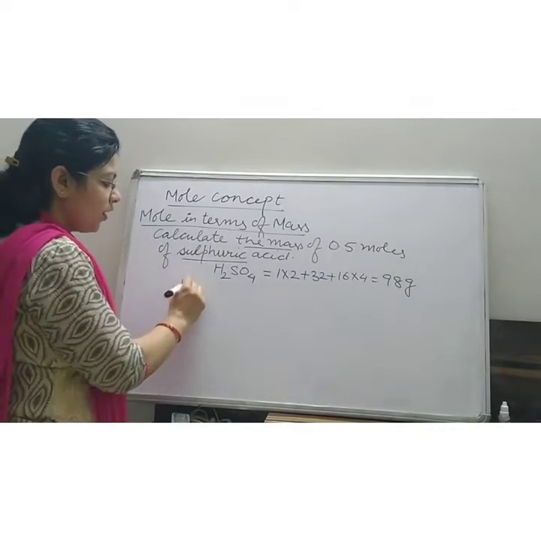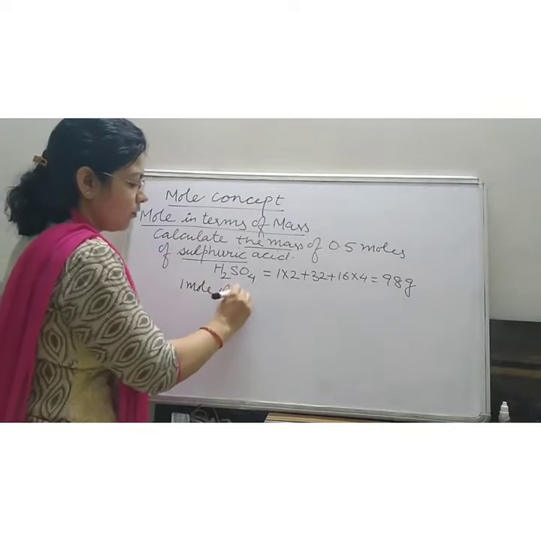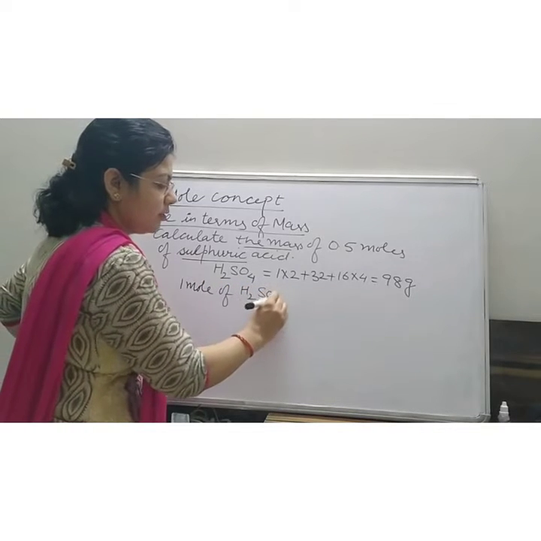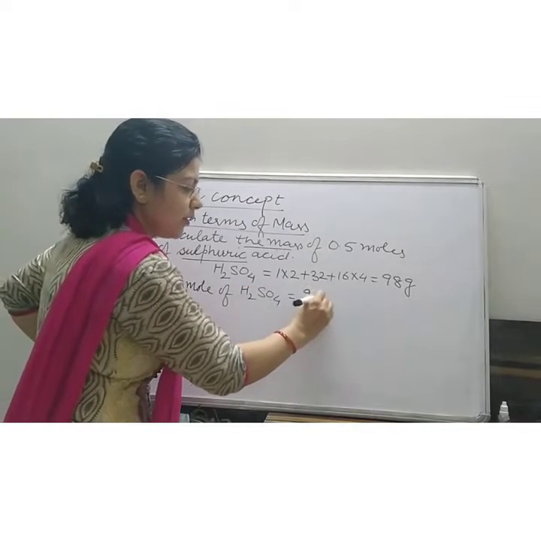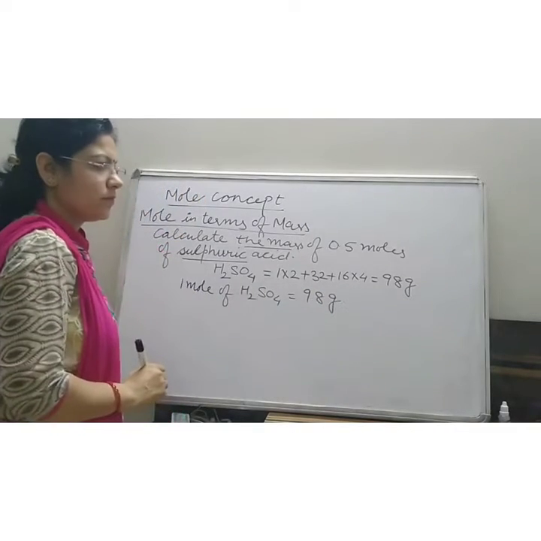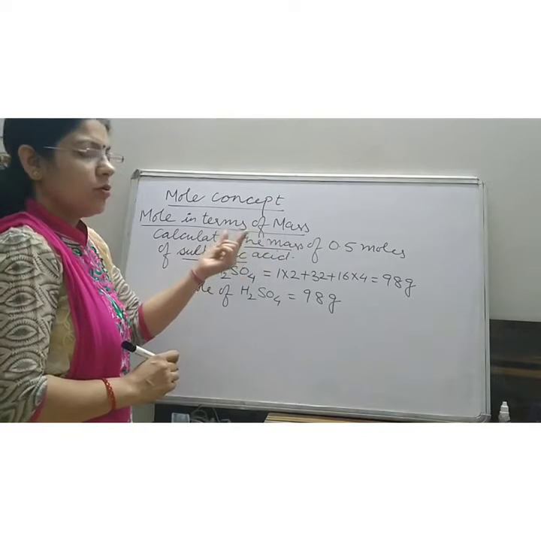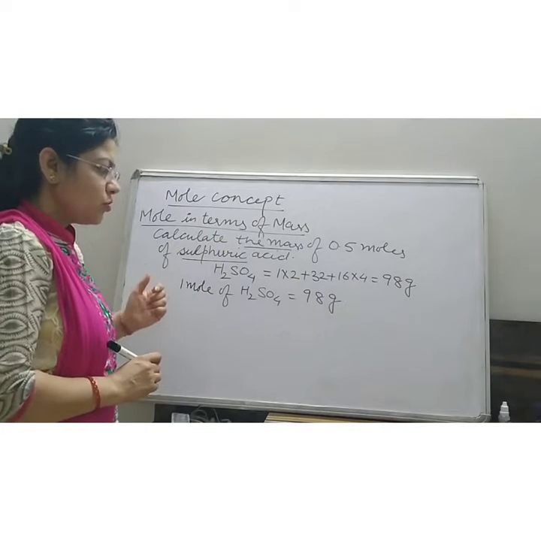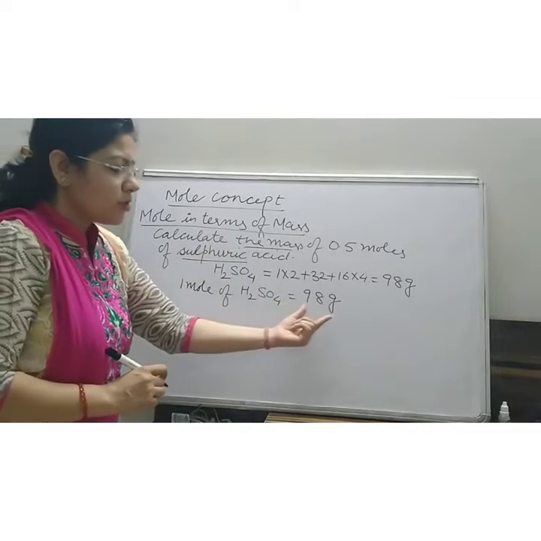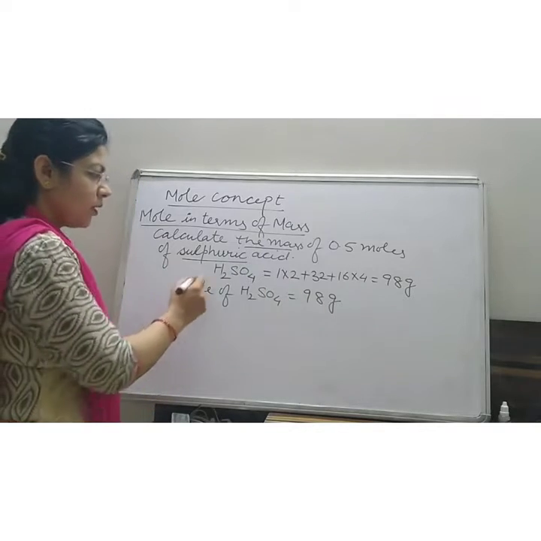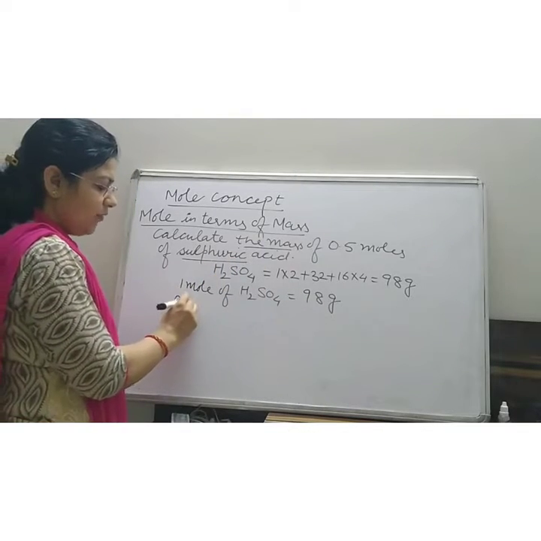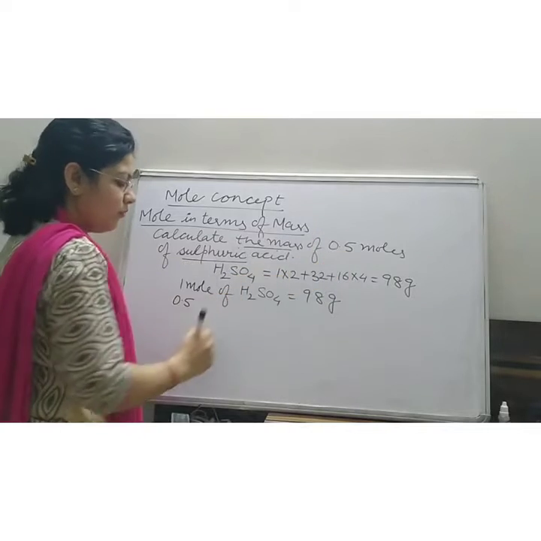So, 1 mole of sulfuric acid is equal to 98 grams. As we have to calculate the mass of the sulfuric acid, we put mass on the right side. Next, we have to calculate in 0.5 moles.